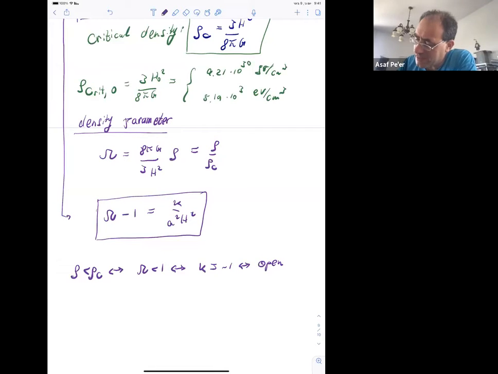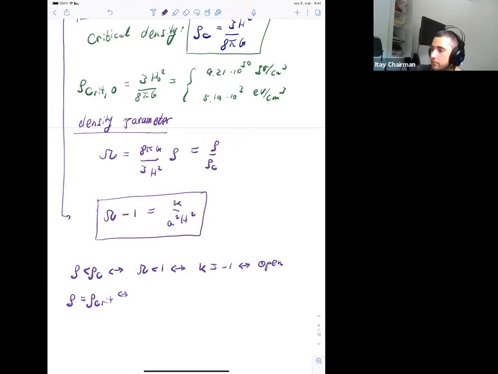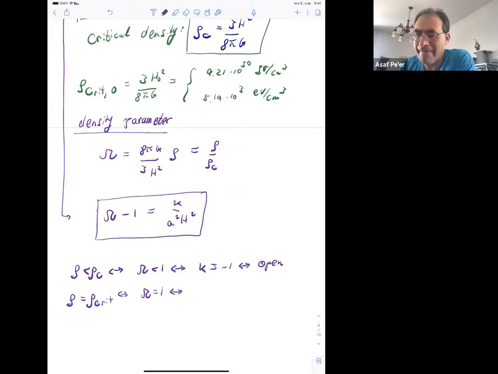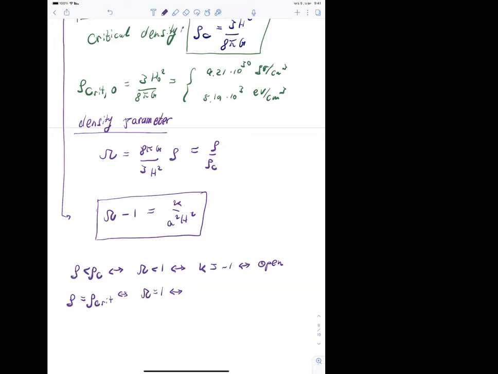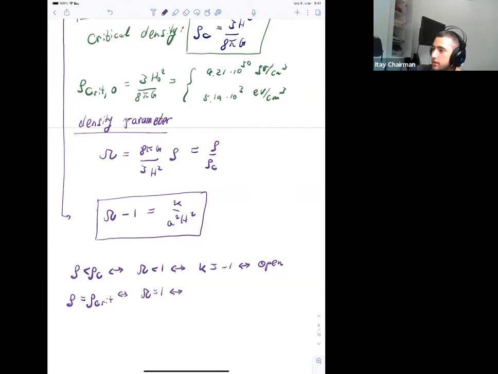If rho is exactly equal to the critical density, what does it mean about omega? It's 1. What does it mean about k?